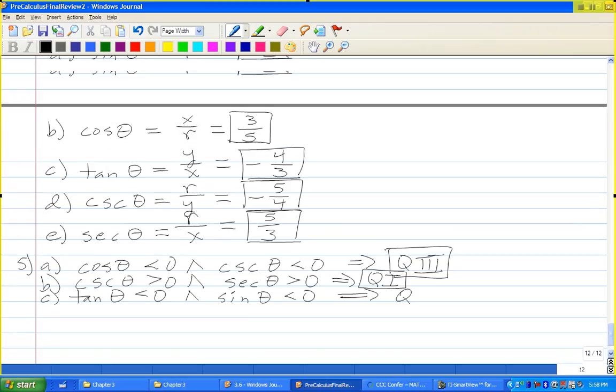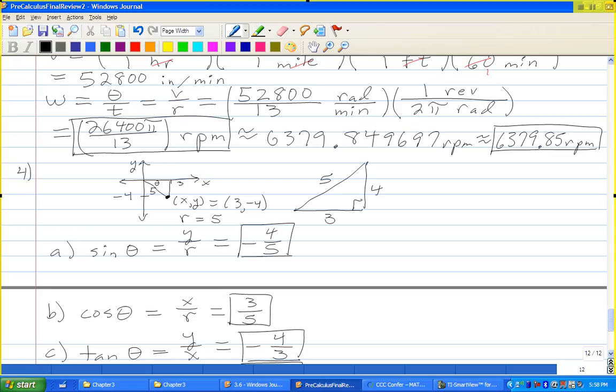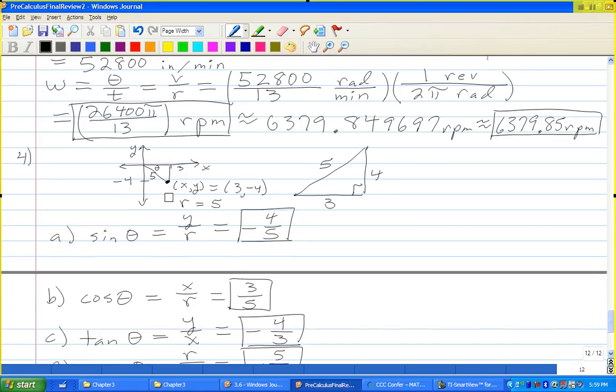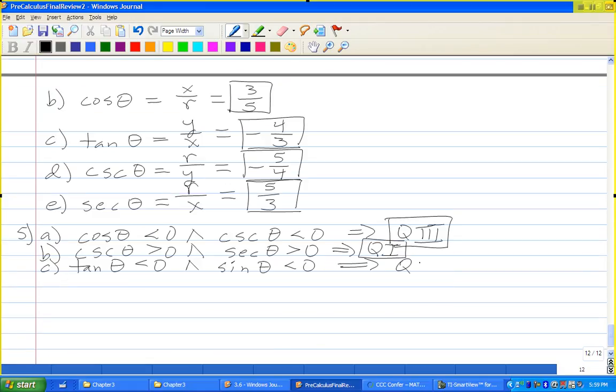So tangent is negative when x and y have opposite signs, so in the second and fourth quadrants. Sine is negative in the third and fourth quadrants. Therefore, it's in the fourth quadrant.